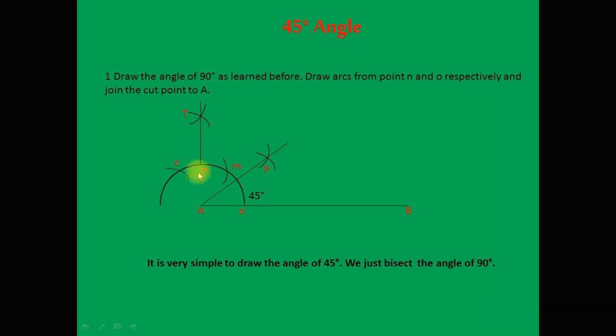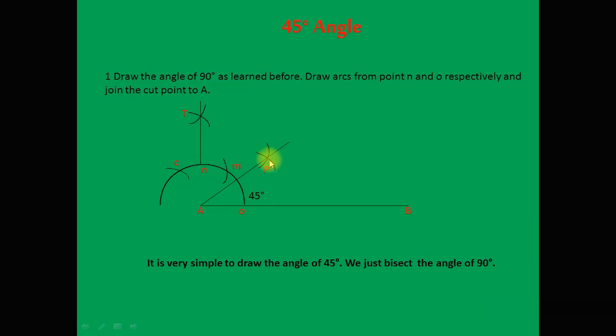Now since from this point N to this point O we obtain an angle of 90 degrees, now bisect this arc. For the bisecting of this arc, put the compass at this point N and draw an arc here, and then put the compass at this point O and draw another arc.